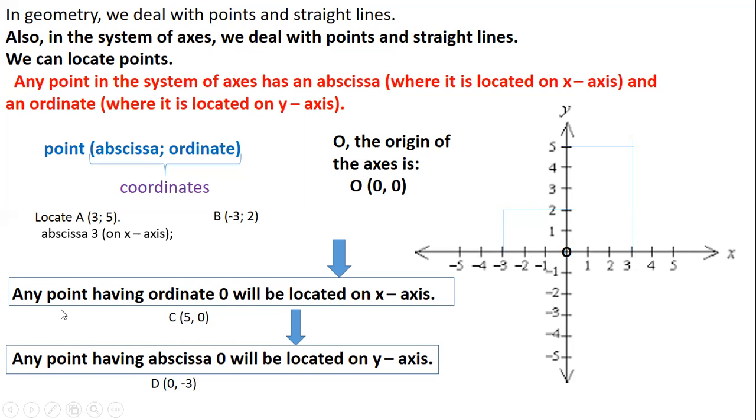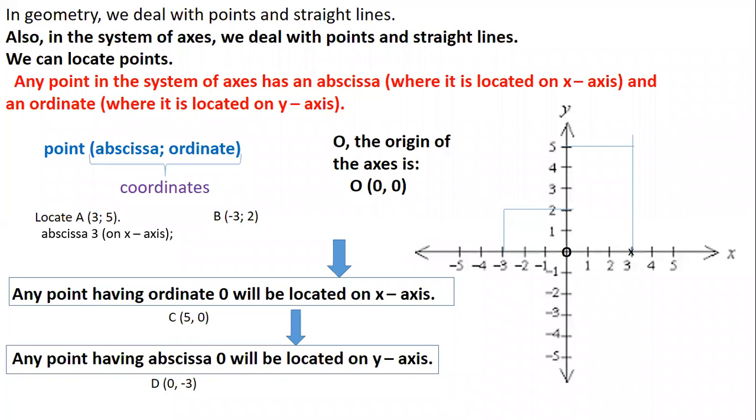Can you redo the answer because I didn't hear it because of Wi-Fi. Okay. I said, Yara, if any point has an ordinate 0, where will it be located? Read the sentence, Yara, please read it.